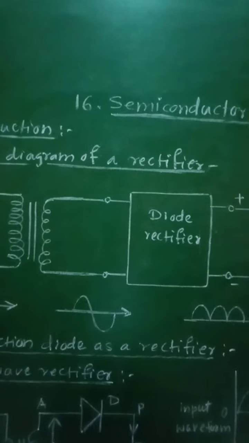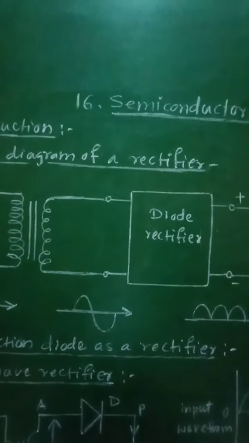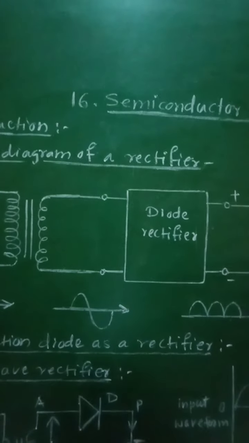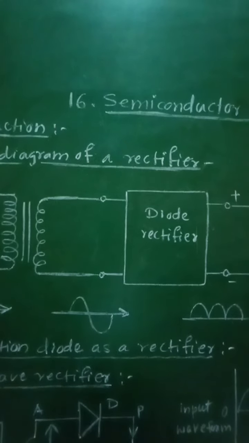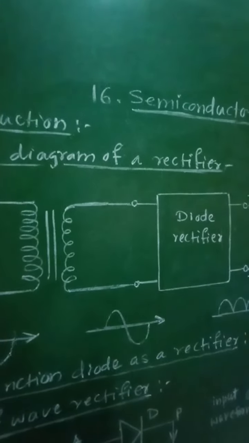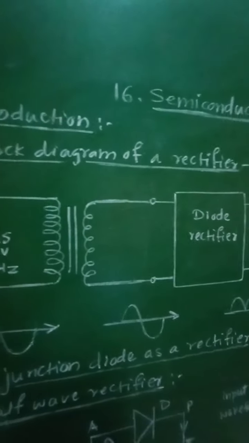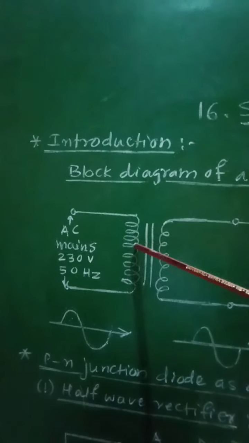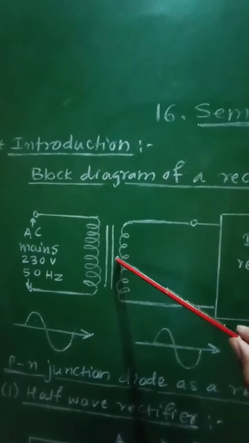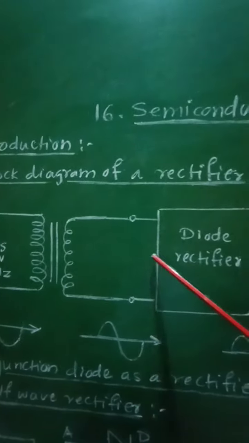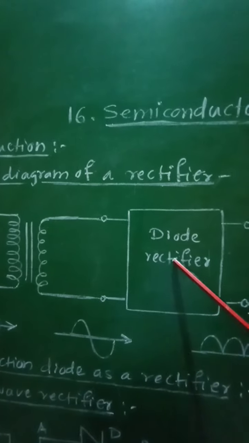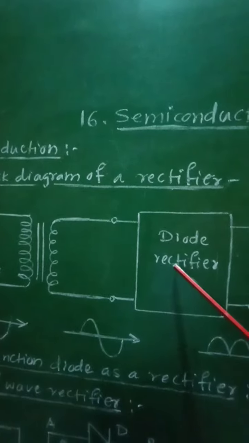Now if you consider the working of this filtered rectifier circuit, we can say that the AC main supply is connected to the primary of the transformer, and then its secondary is connected to the rectifier circuit.